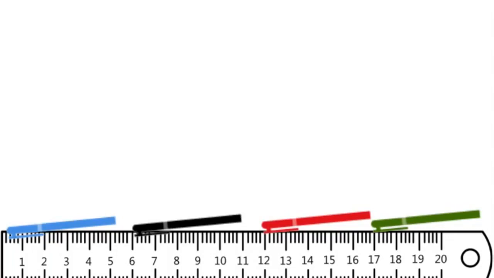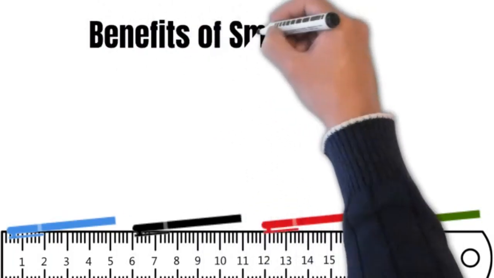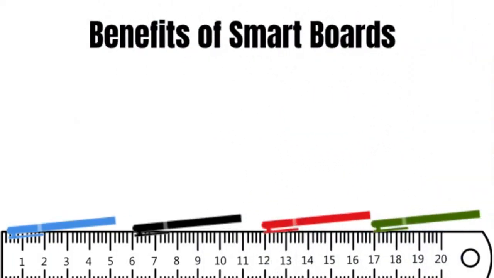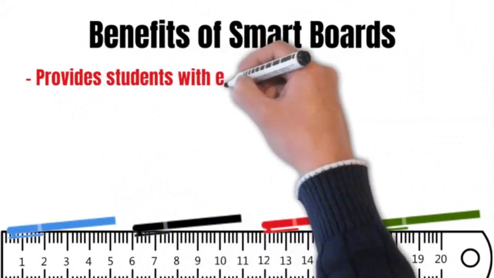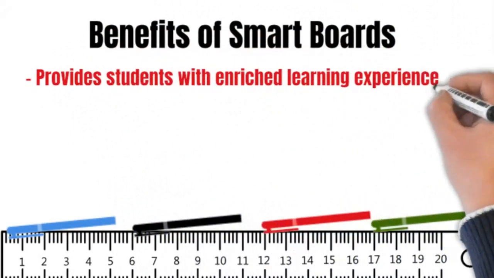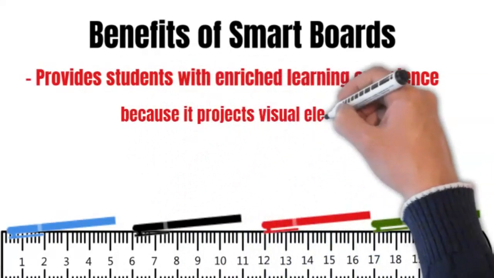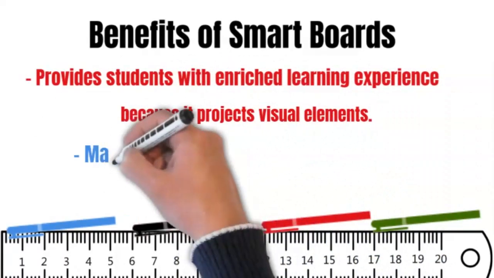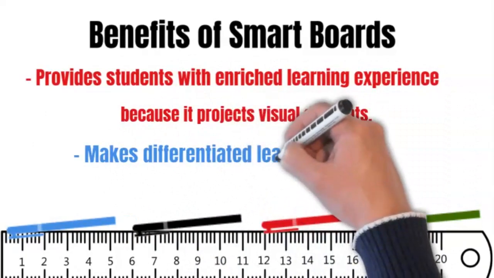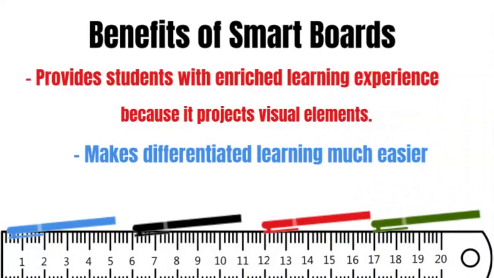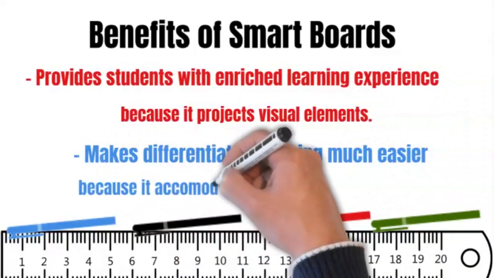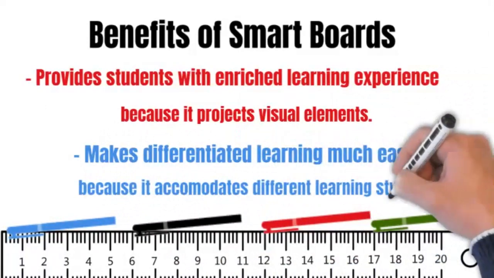As you watched that video, I hope you got some of the benefits of using a smartboard. So I'm just going to go through some of them. Firstly, it provides students with an enriched learning experience because it projects visual elements onto the screen in front of them. It makes differentiated learning much easier because it accommodates the different learning styles.